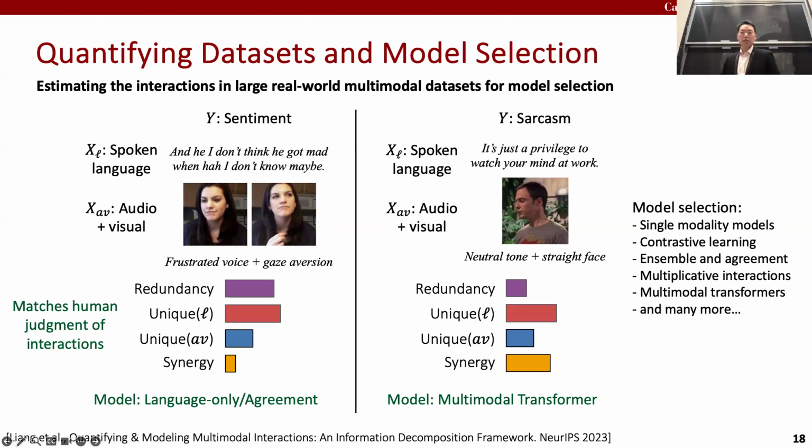And in fact, using our method to first understand the interactions and choose the model most suitable for learning those interactions, you can, in one shot, select models with more than 96% of performance as if you had tried all of these models on your data set. And that gives you a good prior, informing you what models you should be using based on the interactions that you discover in your data.